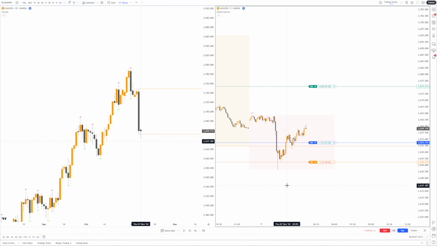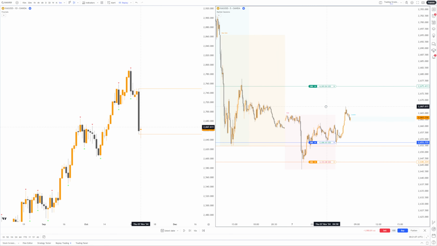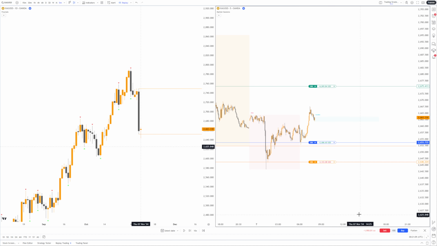So far we do get into some decent profit. We are up, so we've come out of that 1900 loss. Some users, people that are using this at this point might decide, you know what, I'm just going to book my profit because I want to recover that loss and move on.